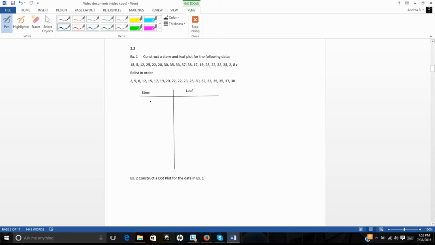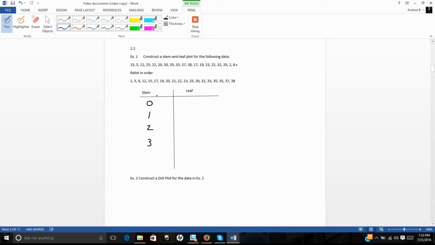So for those 1-digit numbers, we'd have a stem of 0, since there's no number in front of those. For the tens digit that has the 1, we'd have a stem of 1. The ones in the teens have a 1, the ones in the 20s have a stem of 2, and the ones in the 30s have a stem of 3.